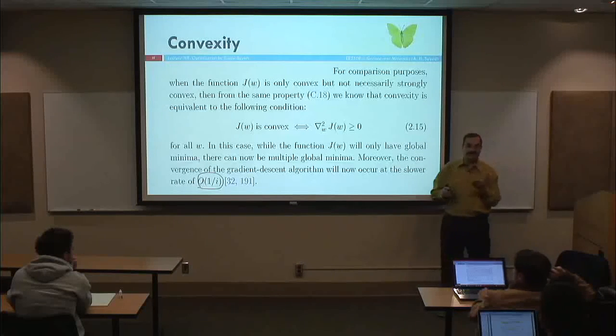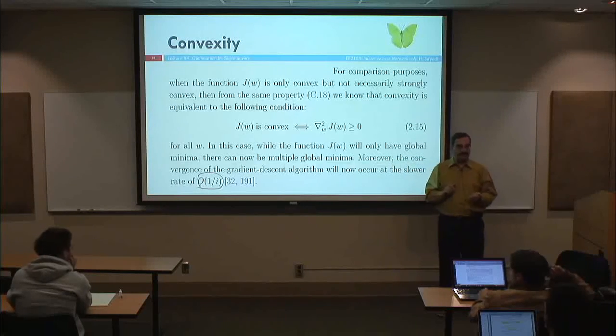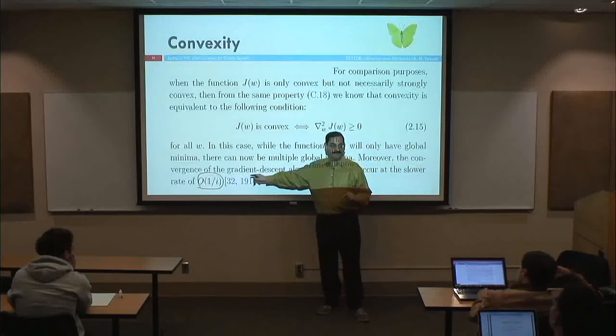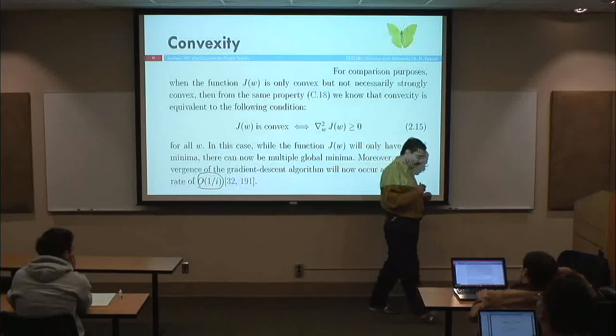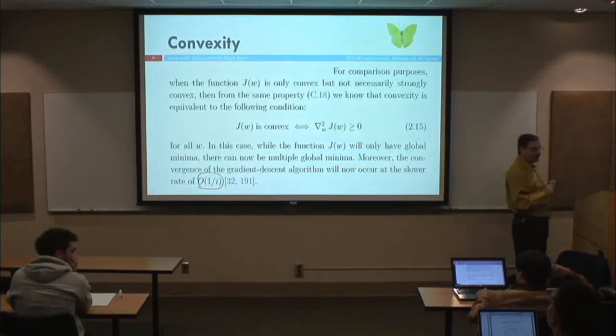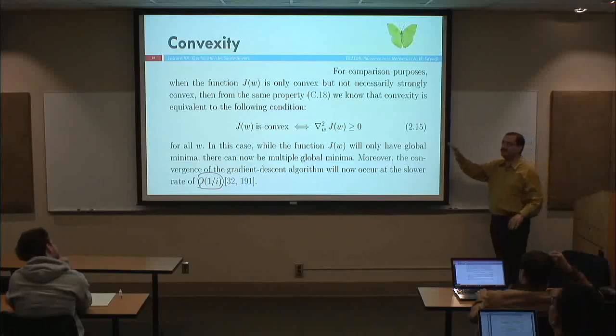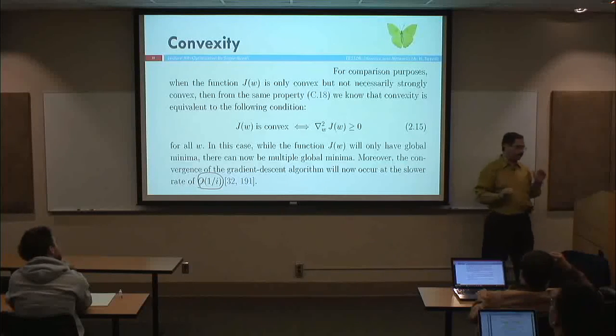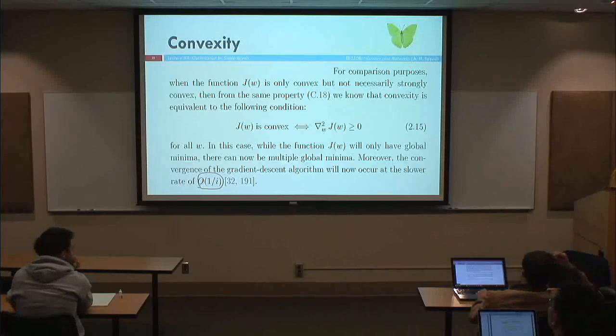So which one converges faster? Exponential convergence or this convergence? Exponential, right? So the convergence rate will take a hit, right? If your function is only convex, the algorithm will converge at the rate of 1/i. Strong convexity will ensure a faster rate of convergence, okay? So that's useful, okay?